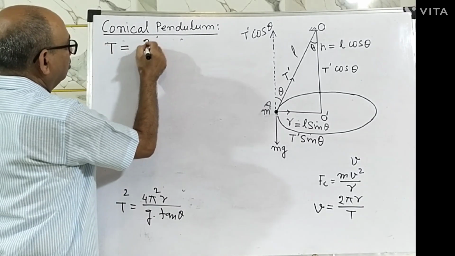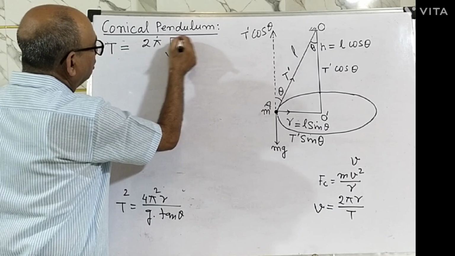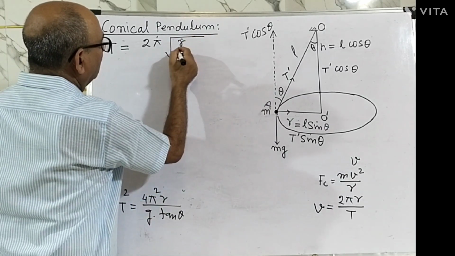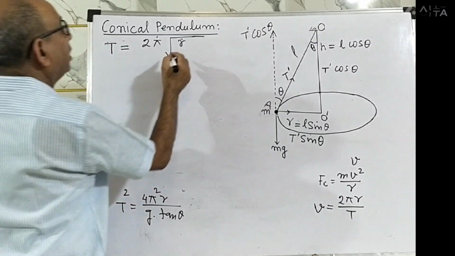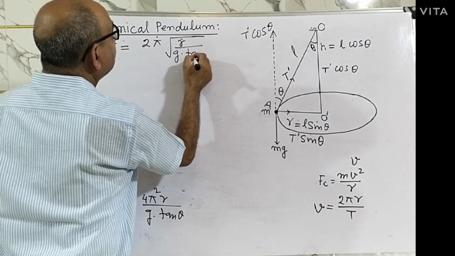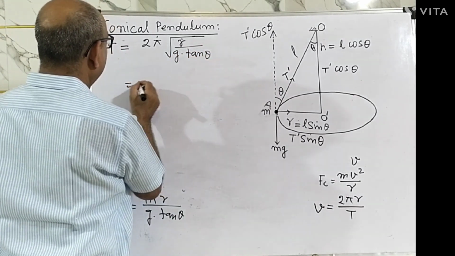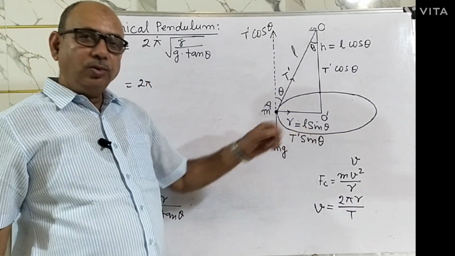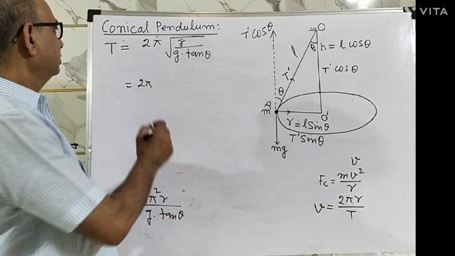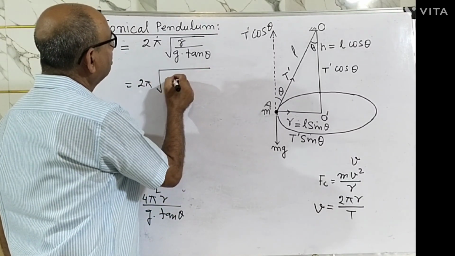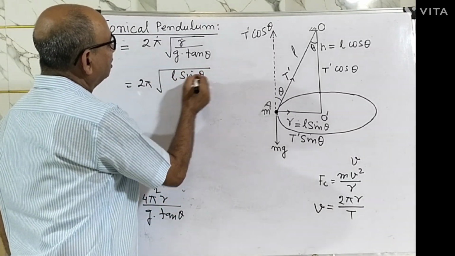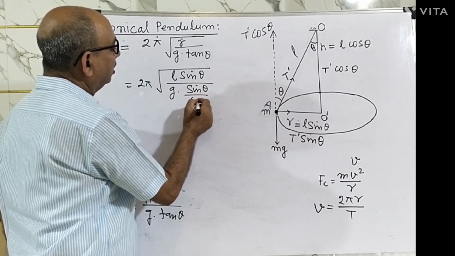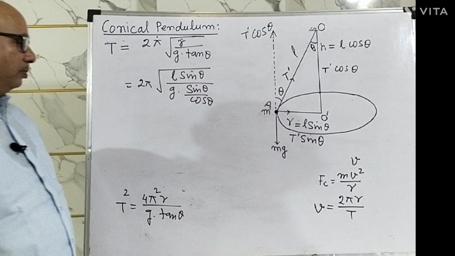T is equal to 2 pi root of r divided by g into tan theta. Value of r, we can put r is equal to L sine theta. Tan theta we can write as sine theta divided by cos theta.